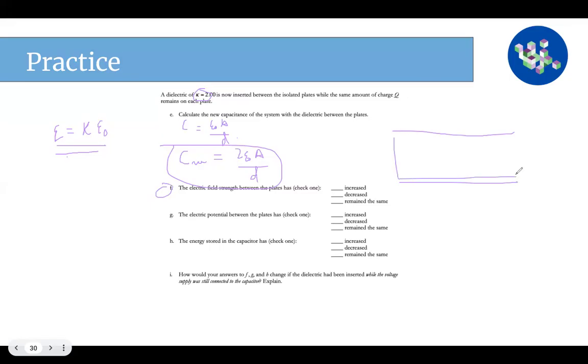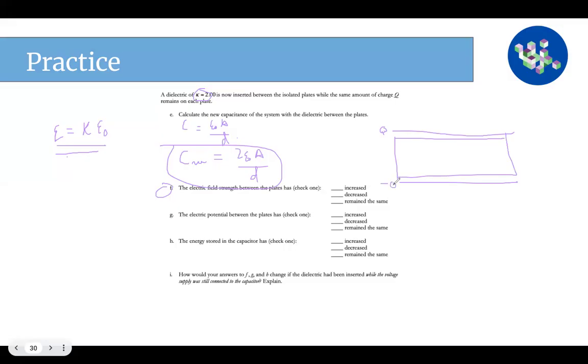This is my dielectric, which is an insulator. Okay, let me draw that a bit better. Okay, so I have a charge Q over here and a charge negative Q over here.